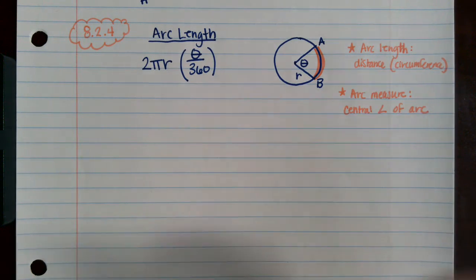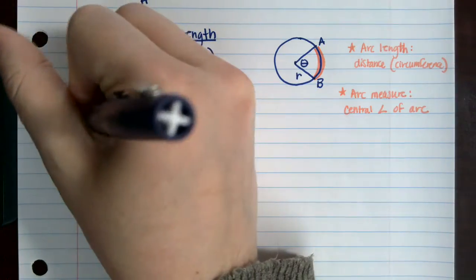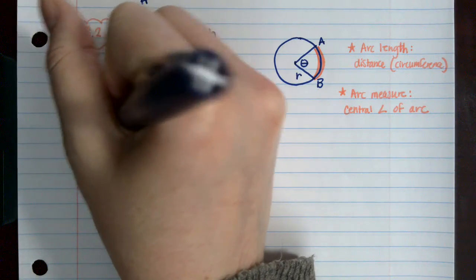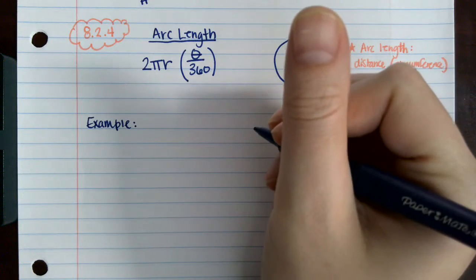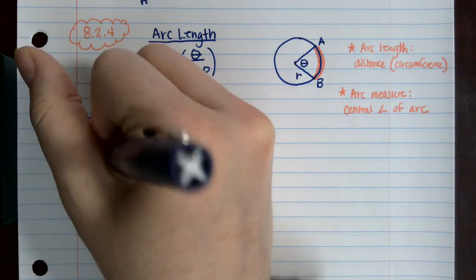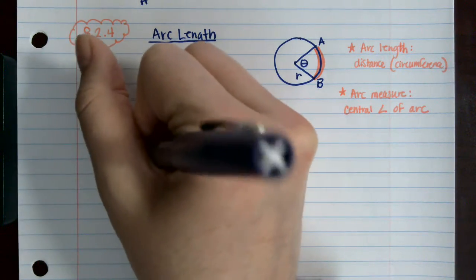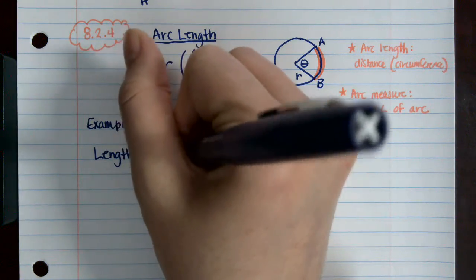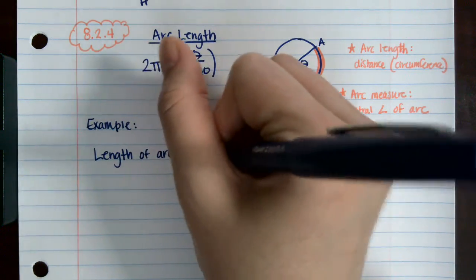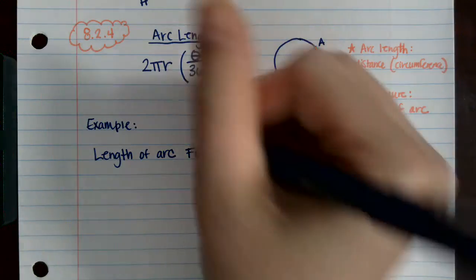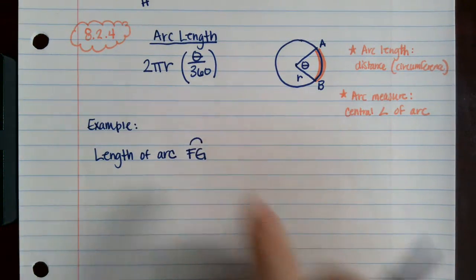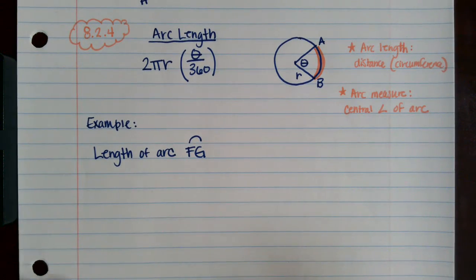So let's do an example. We want to find the length of arc FG. Sometimes arc is written out. Sometimes there's just this little half circle above it.